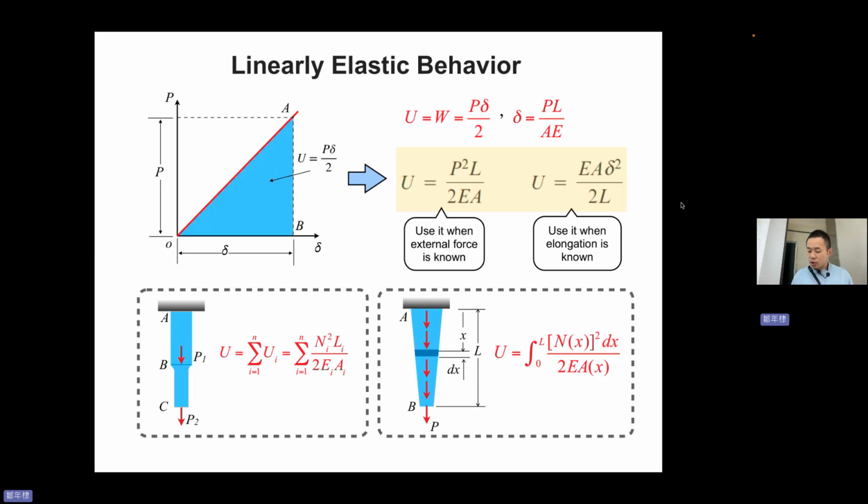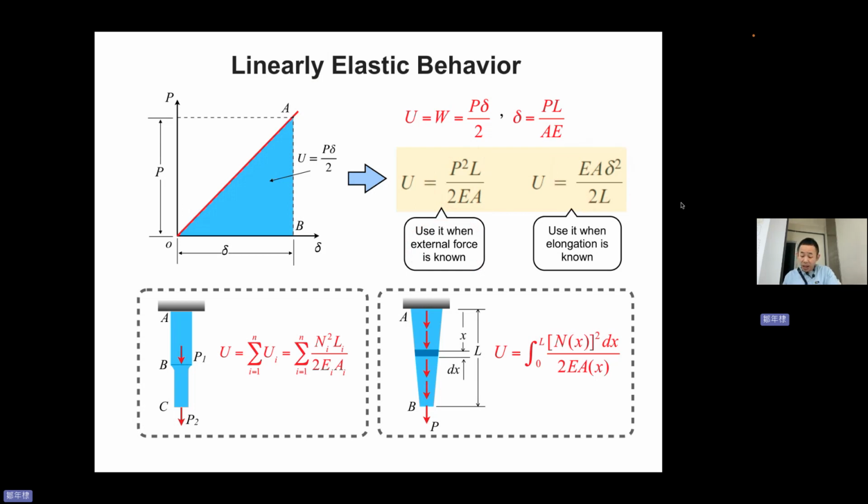So U equals W: strain energy equals the work you did on the material, which is P delta divided by 2. Also delta equals PL divided by EA. So you substitute that back, U equals P squared L divided by 2EA. Or if you know the delta, you have EA delta squared divided by 2L. So when you know the force value, you use this. When you know the elongation, you use this.